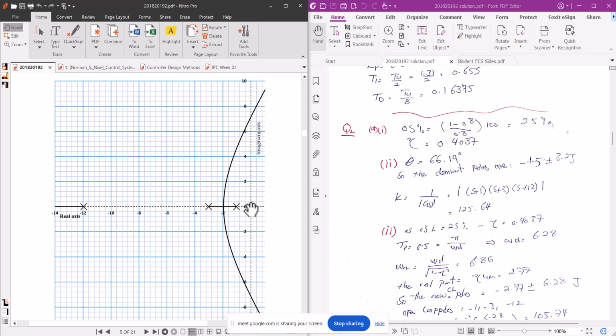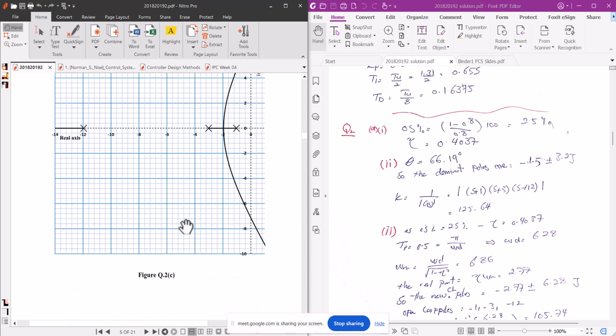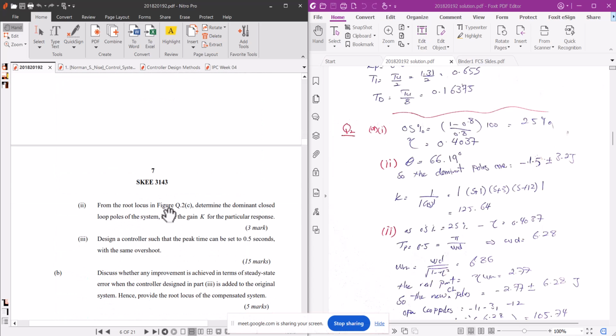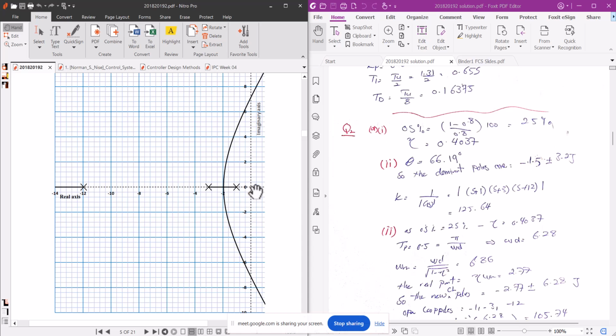You may also calculate with software, or you have to calculate it manually. The next part of the question is, from the root locus in the figure determine the dominant closed loop poles of the system. It means where the system is basically residing now, hence the gain k of the particular response. So the dominant poles will be at theta 66.19, around minus 1.5, and here it is 3.2.